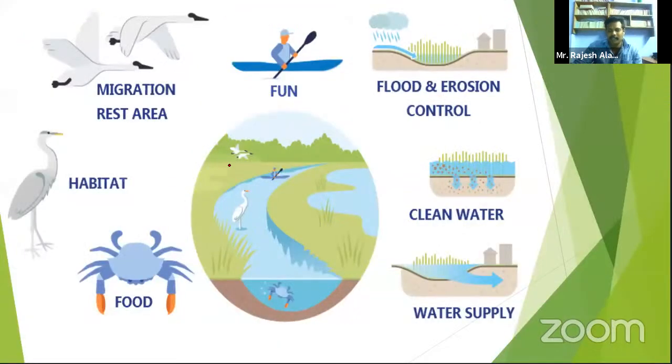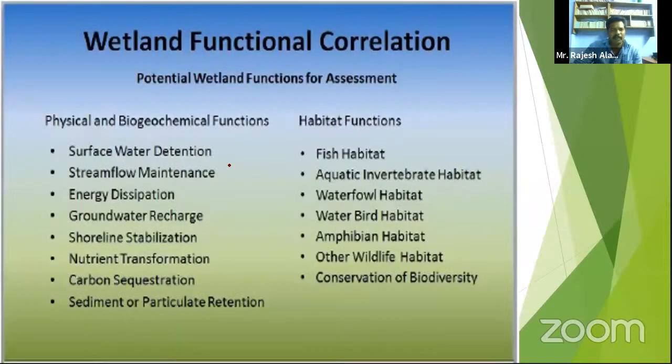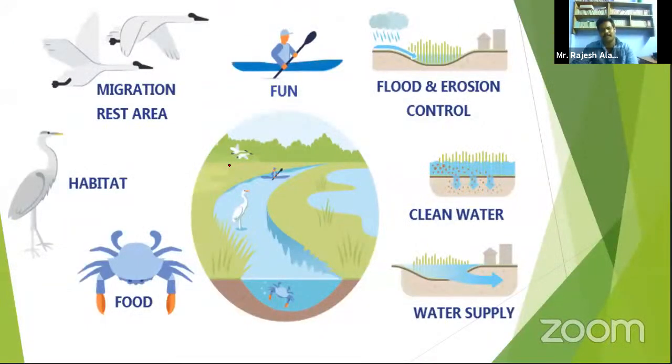So coming to wetlands in India, we have more of what type of wetlands, sir? We have more inland wetlands. The total number of wetlands in India is more than 27,000.